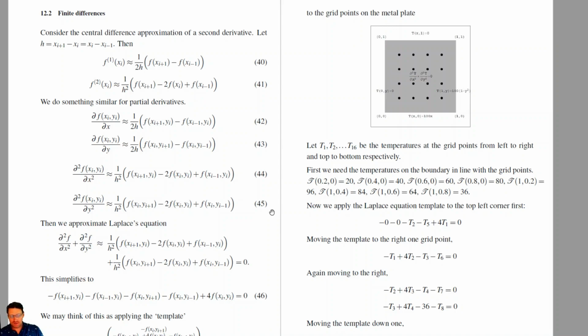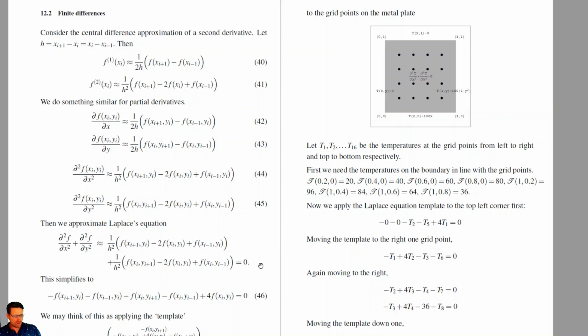So therefore we can use these to approximate Laplace's equation just by adding those two together. So the approximation of nabla squared is the sum of these two in equation 44 and 45, right? But we can factor out the 1 on h squared, and since we have 0 on the right hand side due to Laplace's equation, we can multiply throughout by h squared, so that that 1 on h squared cancels.